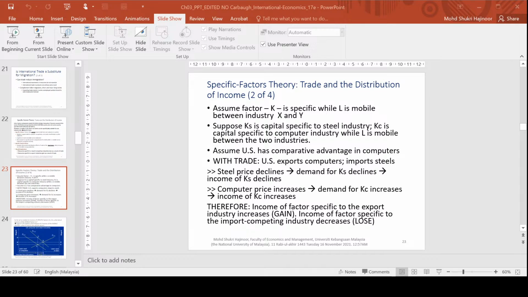The income of a mobile factor is ambiguous. We're not sure. It depends on the consumption pattern of the mobile factors.